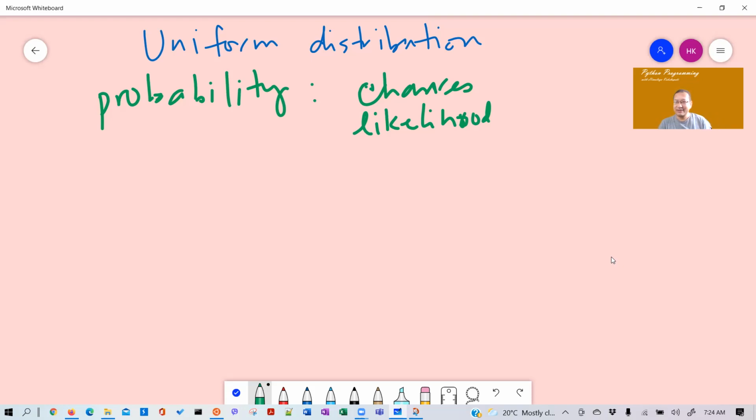Physics is all about probability. Quantum physics is all based on probability. Computer science and probability, a lot of everything is based on probability. Probability is the basis of the modern civilization, the modern world. Very simple concept, but extremely profound.